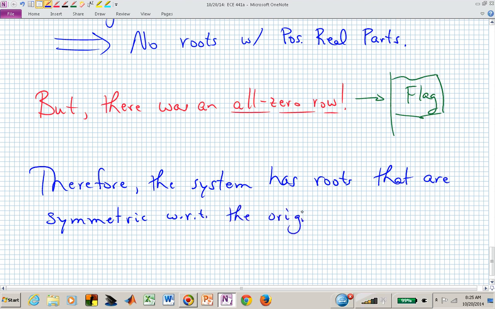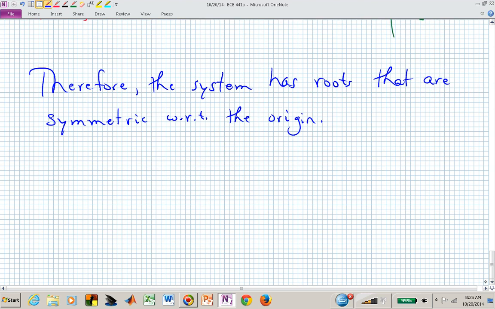So what? Do we know anything more than that? If you were looking at the S-plane and you looked at the origin, some of the roots are symmetric with respect to the origin. So if I had a root at +1, I must have one at -1. That's symmetry.